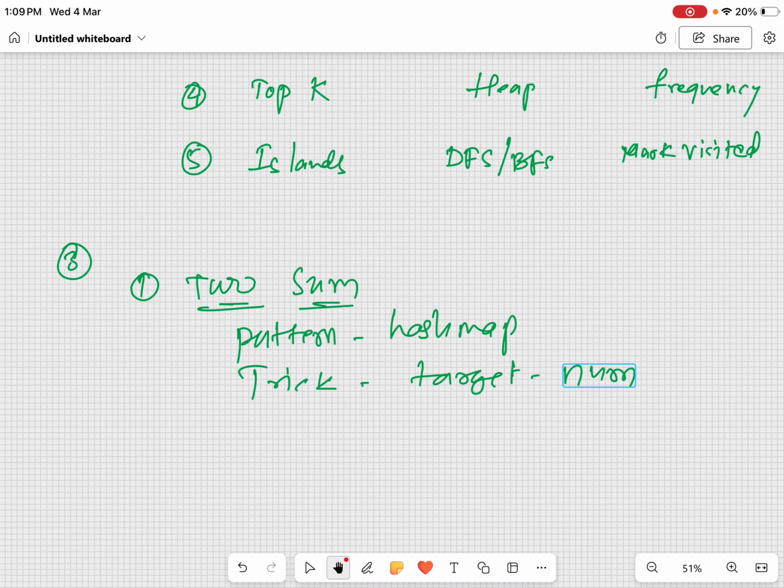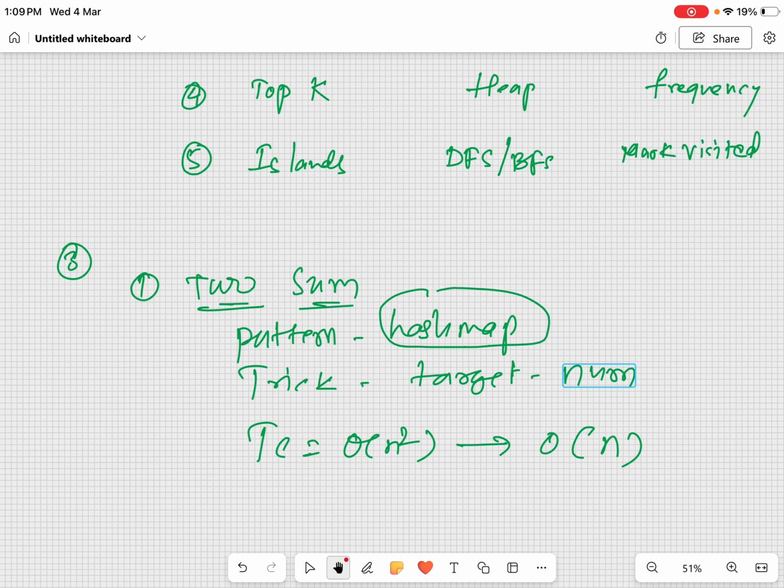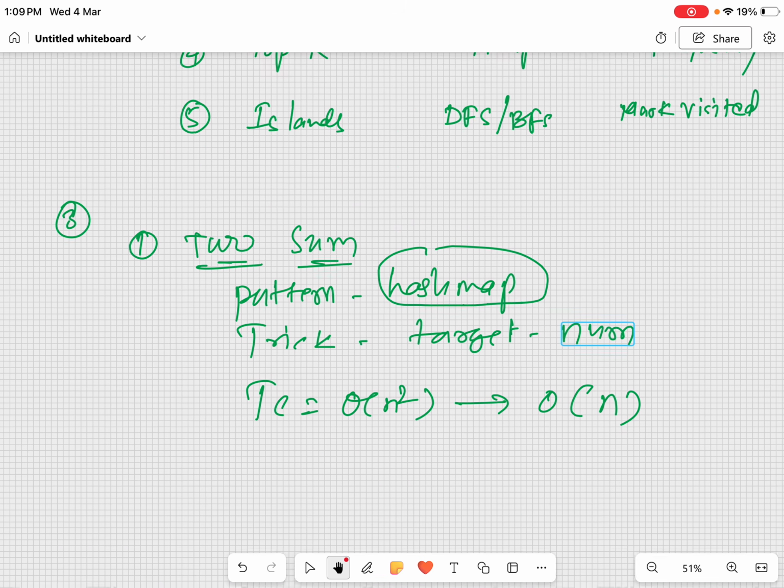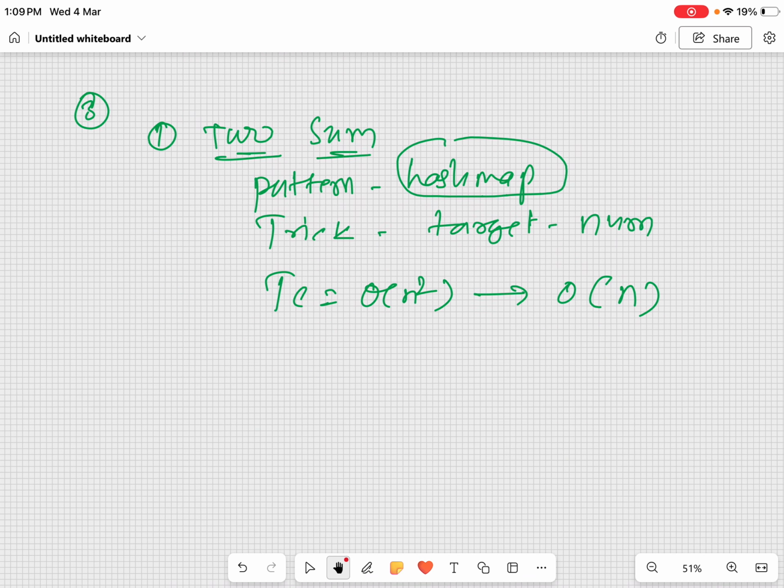In the two sum problem, we store numbers in the HashMap for every element, and we check if target minus current number already exists in the HashMap. This reduces our time complexity from O of n square to O of n. Correct?